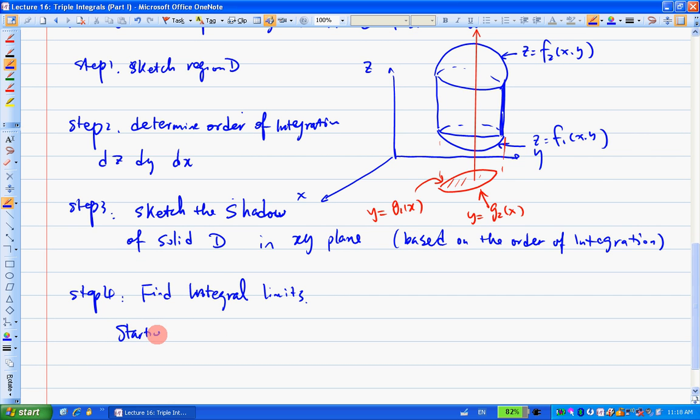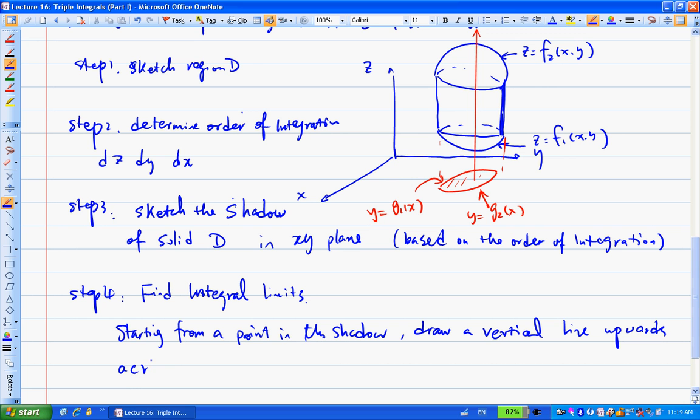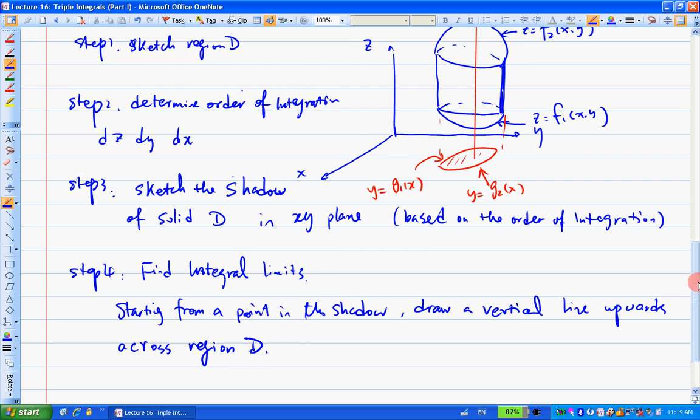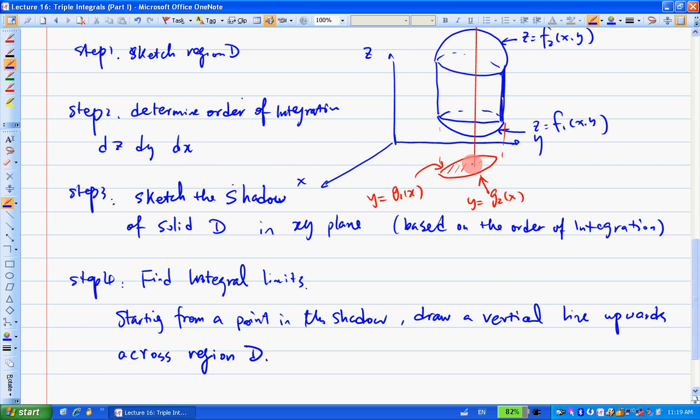So, starting from a point in the shadow, draw a vertical line upward, across this region D. This doesn't mean you always start from the xy plane.